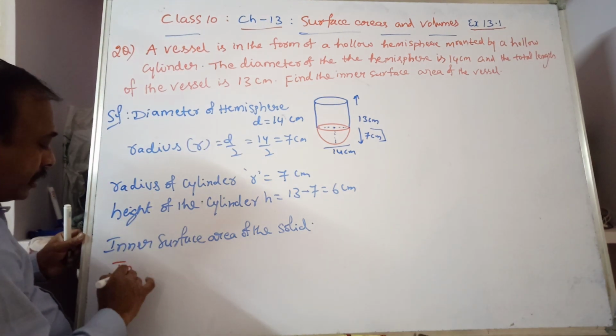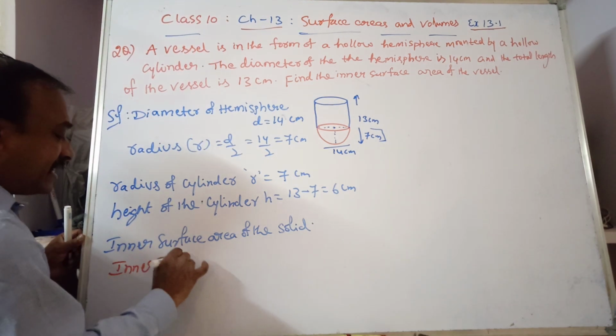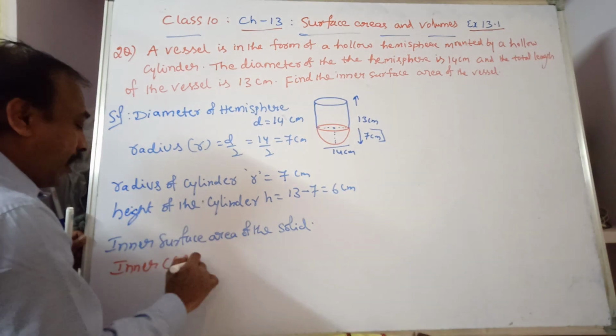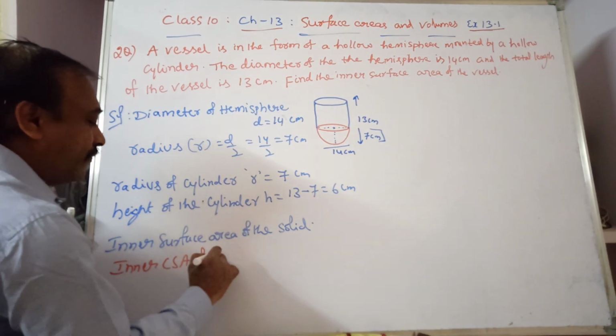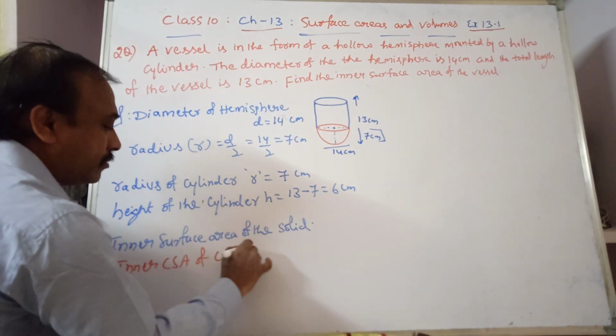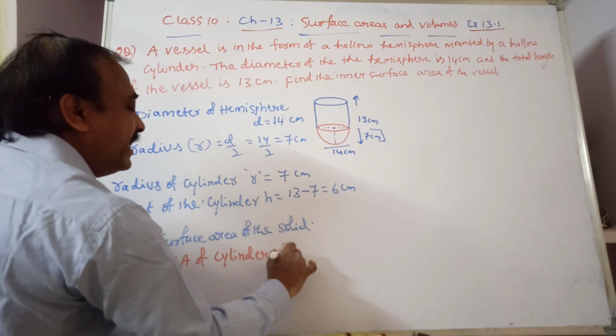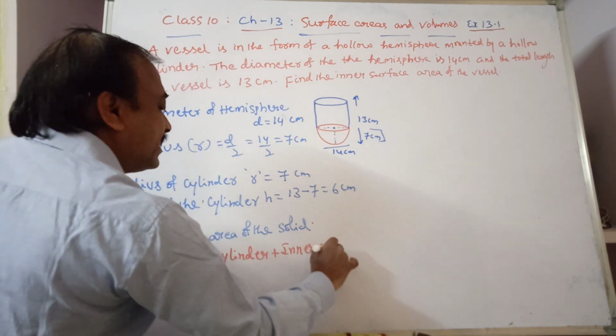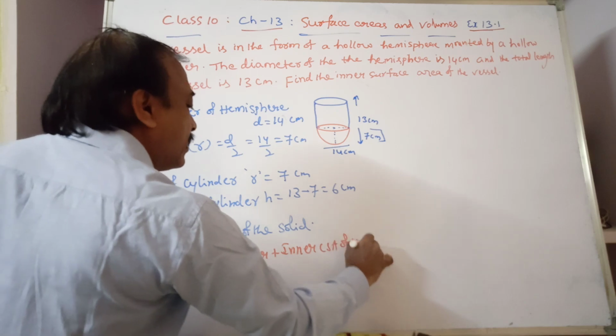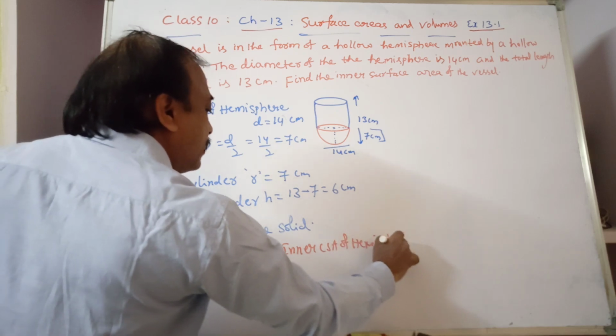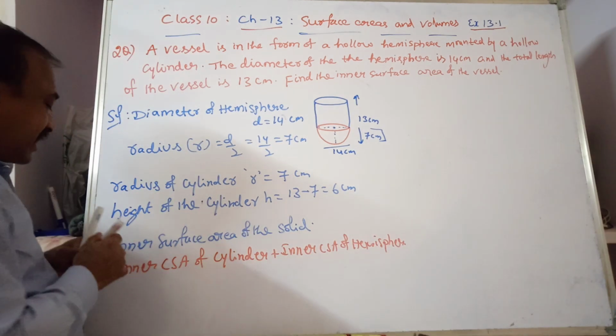So inner CSA of cylinder plus inner CSA of hemisphere. Are you following? Inner CSA of hemisphere.